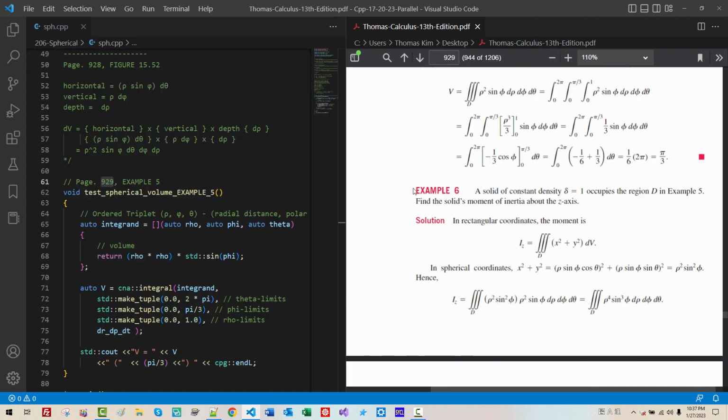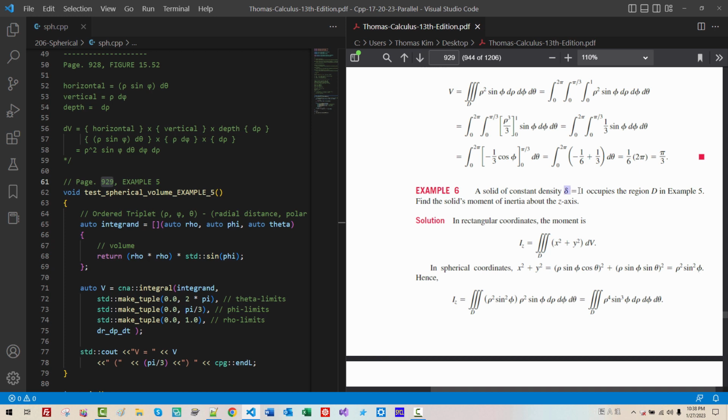Okay. Here, in example 6, page 929: a solid of constant density delta 1 occupies the region in example 5. Find the solid's moment of inertia about the z-axis. So, to compute the moment of inertia, we have to multiply the distance squared on the xy plane, which is rho squared sine squared phi.